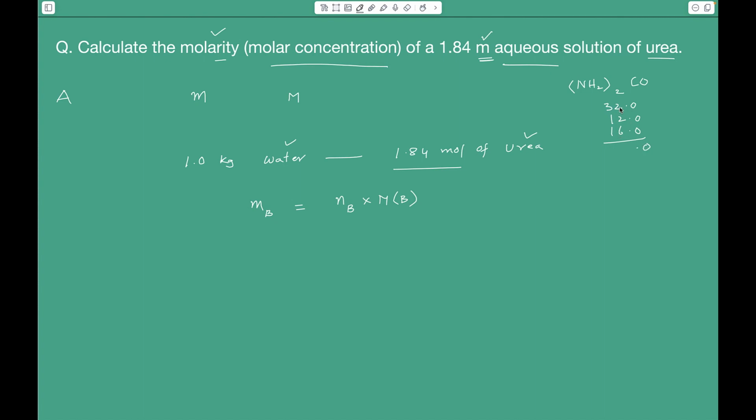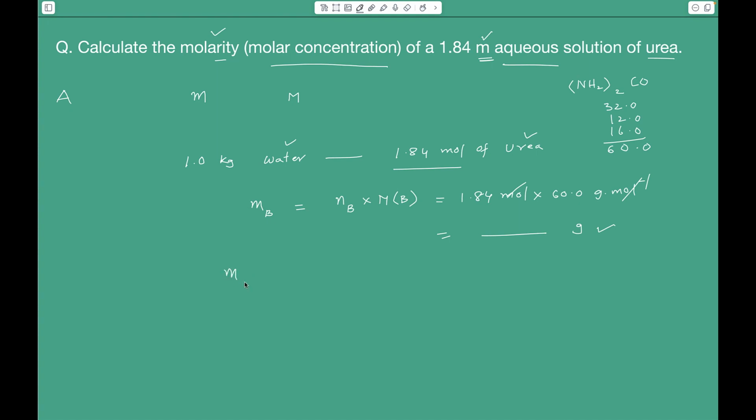So is it 60? Yeah, it is approximately 60 gram per mole. So NB is 1.84 mole multiplied with 60 gram per mole. Cancel these two and simplify this to get the mass of urea or the mass of solute in grams. So this is the mass of solute or urea dissolved in 1 kilogram of solvent, that is water.